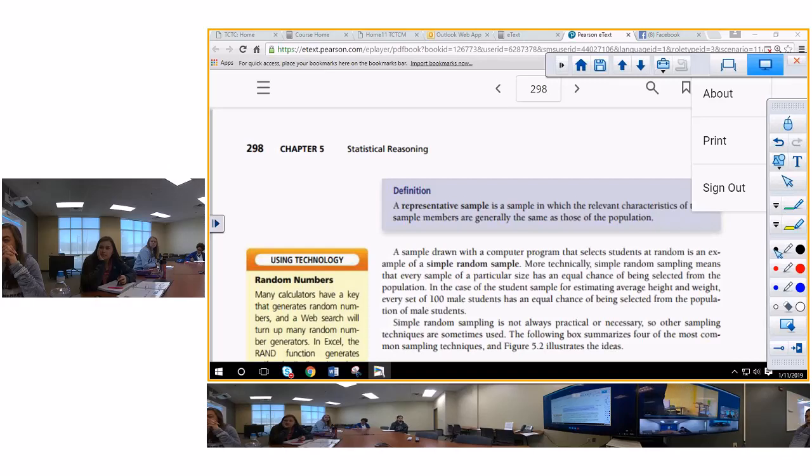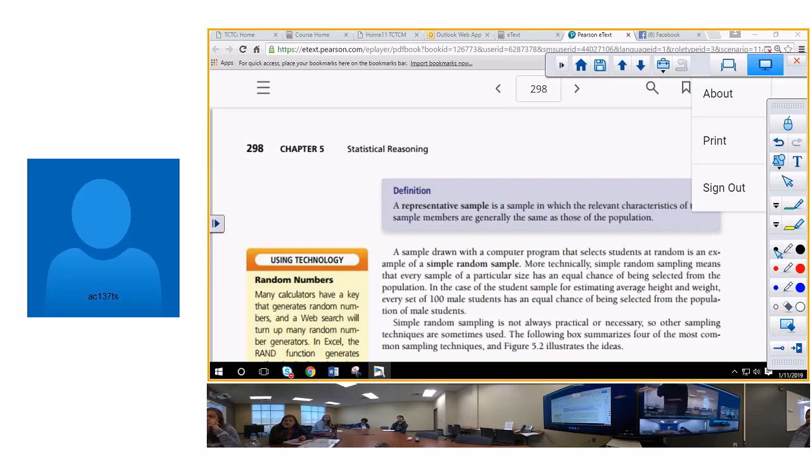Completely random, meaning everybody has the same what? Chance. Write that down. Random sample means everybody has the same chance. And that is the key word for random sample. Everyone has the same chance.